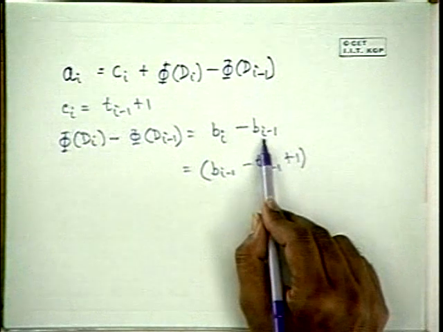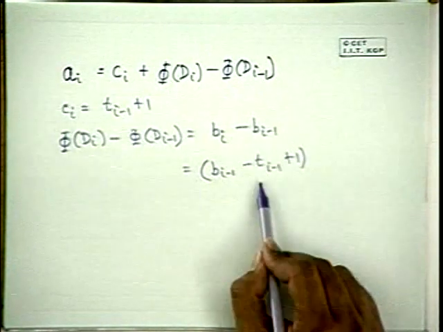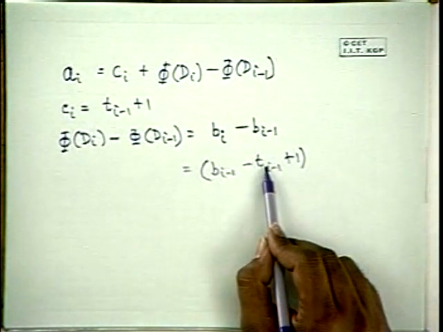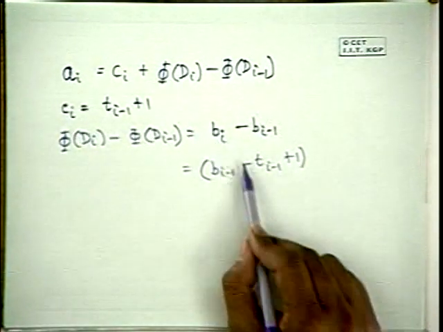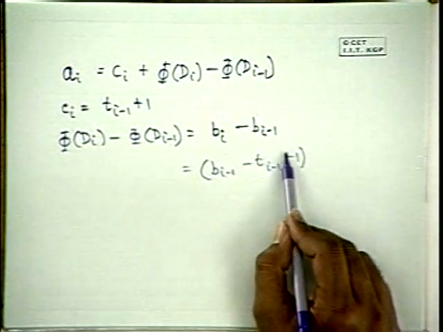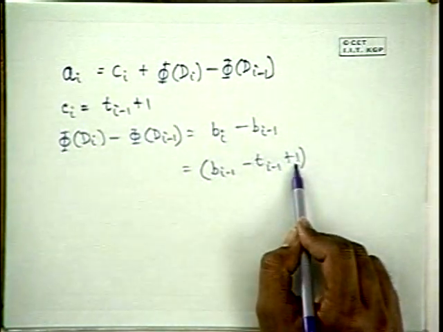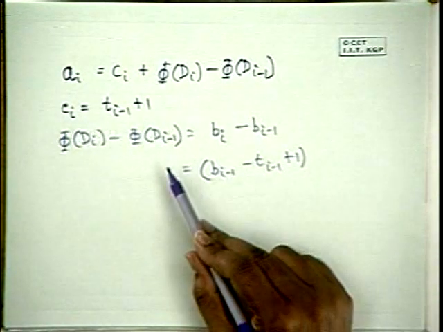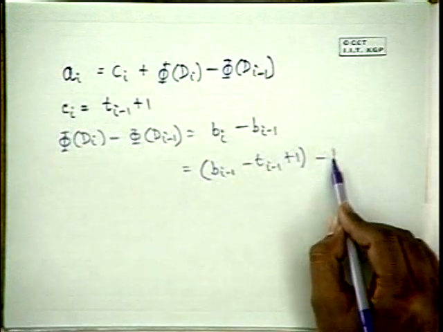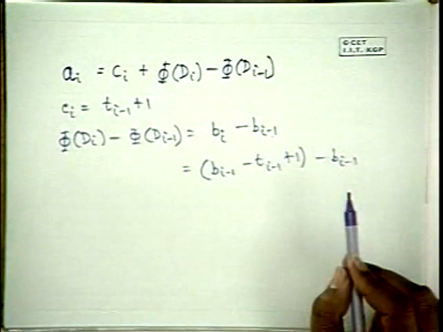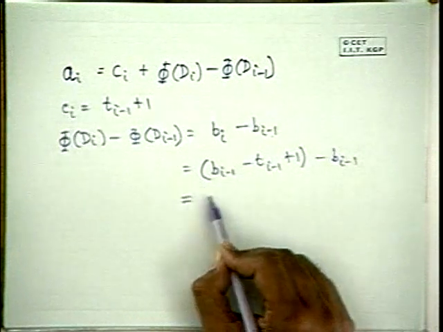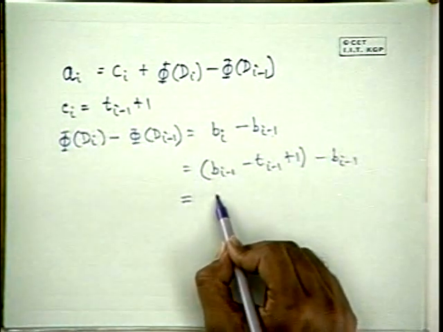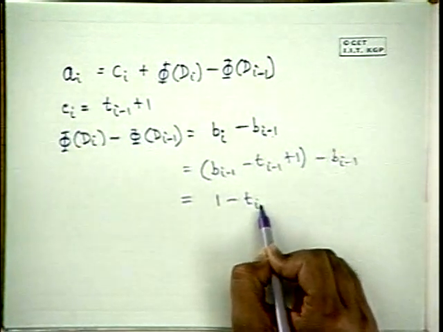The number of ones which were present, you subtract the trailing ones because those ones you made 0, so they cannot be present in Bi anymore. And then you made the last 0 to be 1, so you add the 1. So this is the total number of ones after the ith operation, minus Bi minus 1. Now this gives you 1 minus Ti minus 1.